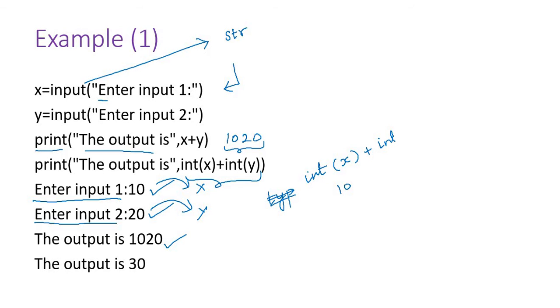Int of x plus int of y: this string 20 will become integer 20. Now 10 and 20 are added, so it will display the result 30. Very simple example. Already such examples we have discussed in Python casting, so I'm not going to discuss this in the Python console.